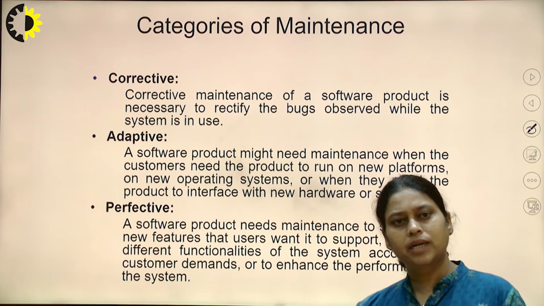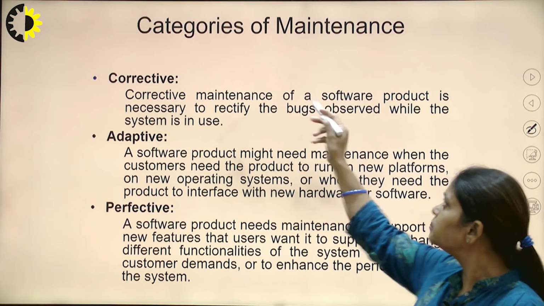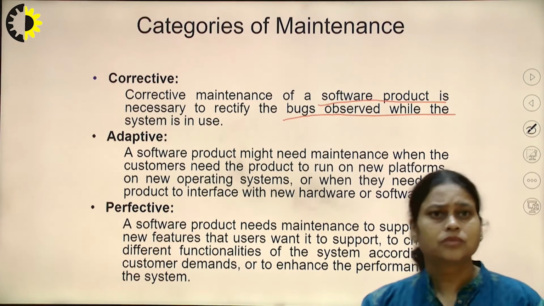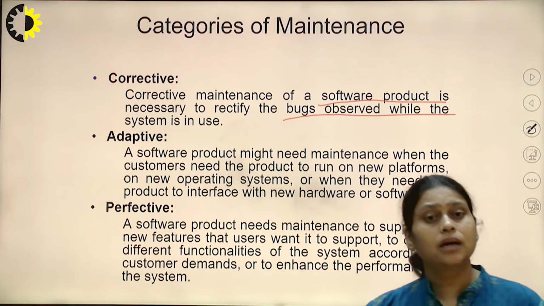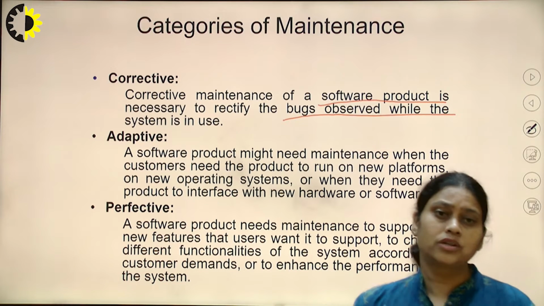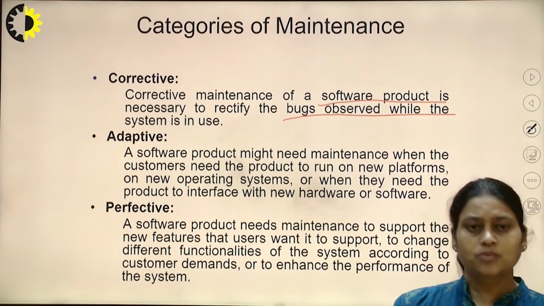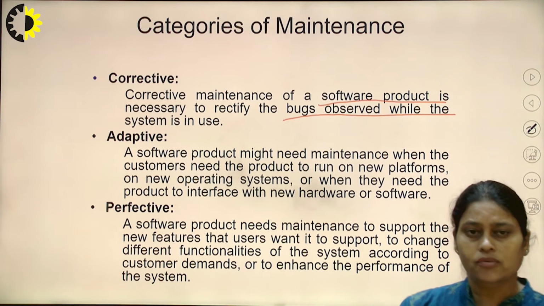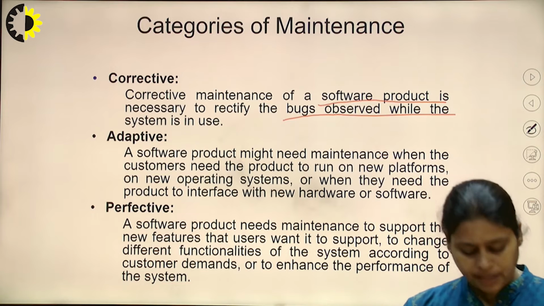What is corrective maintenance? Corrective maintenance of a software product is necessary to rectify the bugs observed by the system in use. So, as per the add-on functionality, as per the porting requirement, or as per identifying the errors in the existing software, we have divided maintenance into different categories.